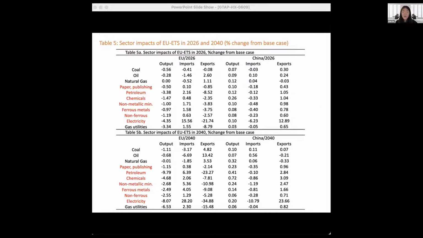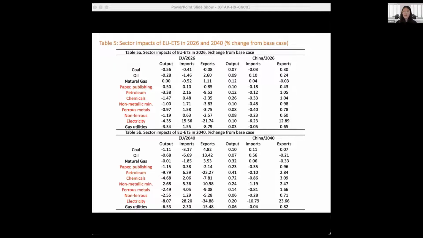And from this table, we can also see China increases its exports of ETS goods, like chemicals and ferrous metals, and reduces its imports because the EU prices of these goods are rising. This will result in a small increase in output.